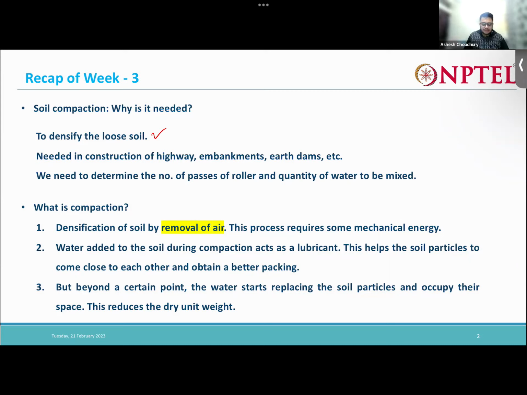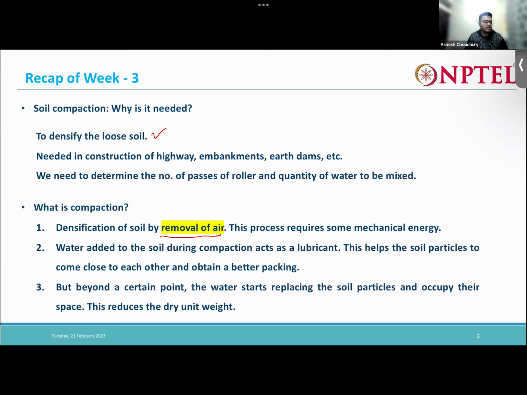So let us see what compaction is. Compaction is nothing but densification of soil by removal of air. This is very important. Remember that the term compaction refers to densification by removal of air, and nothing else.